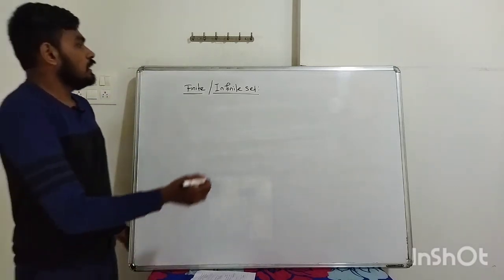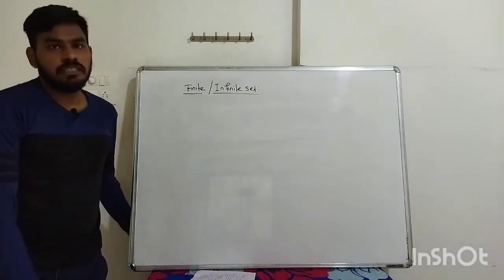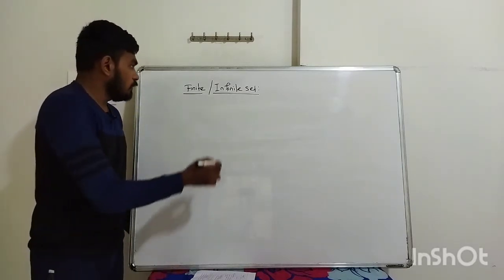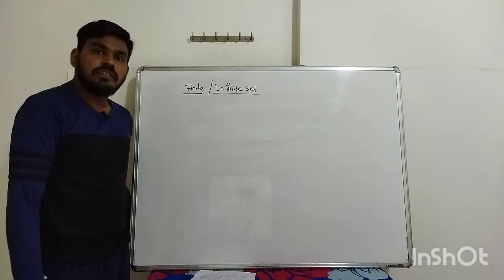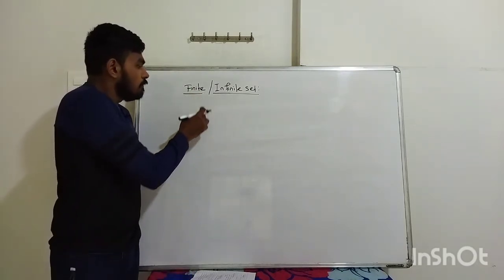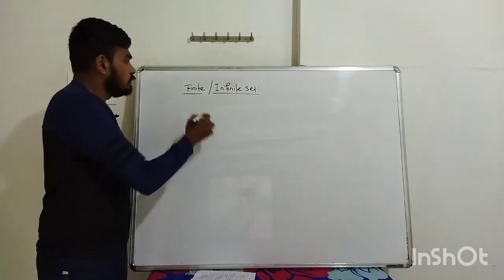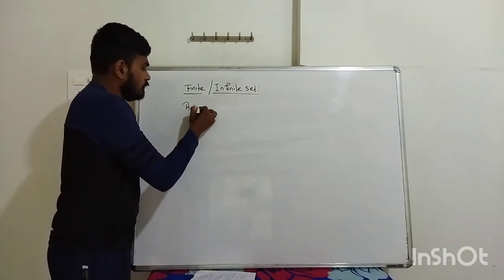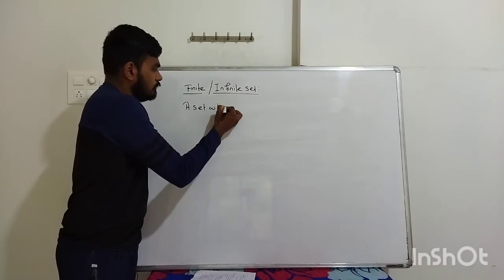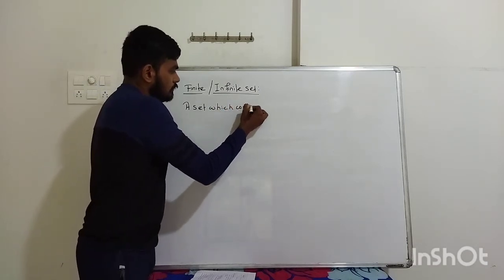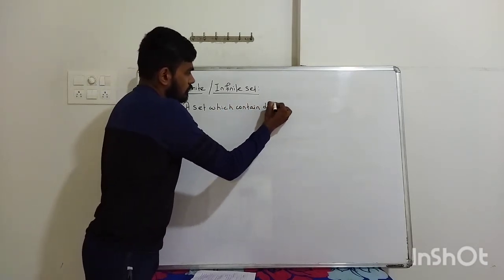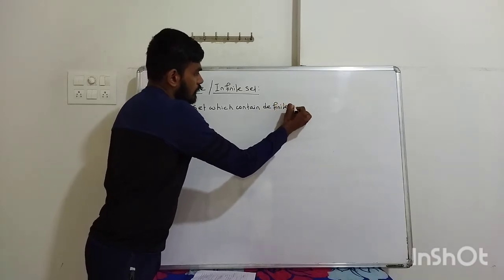And if it doesn't contain a definite number of elements, it becomes infinite. Now what do we mean by a definite number of elements? It means we are able to count them. So a set which contains a definite number of elements.